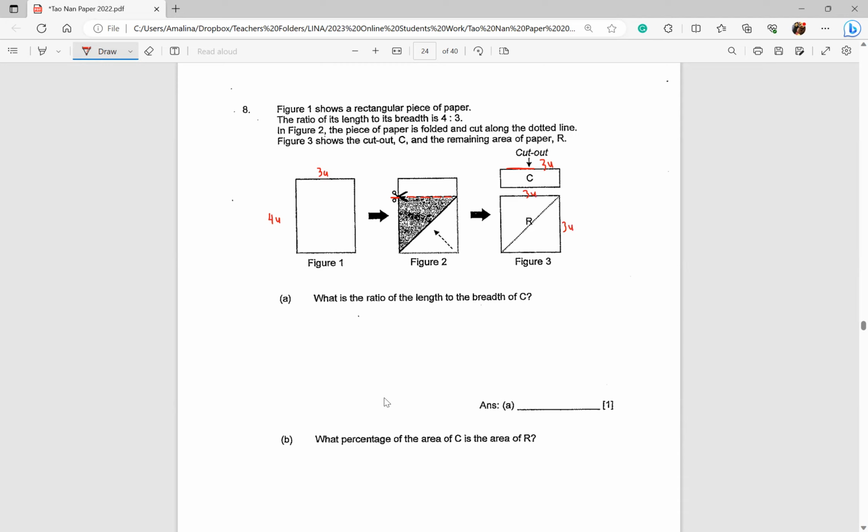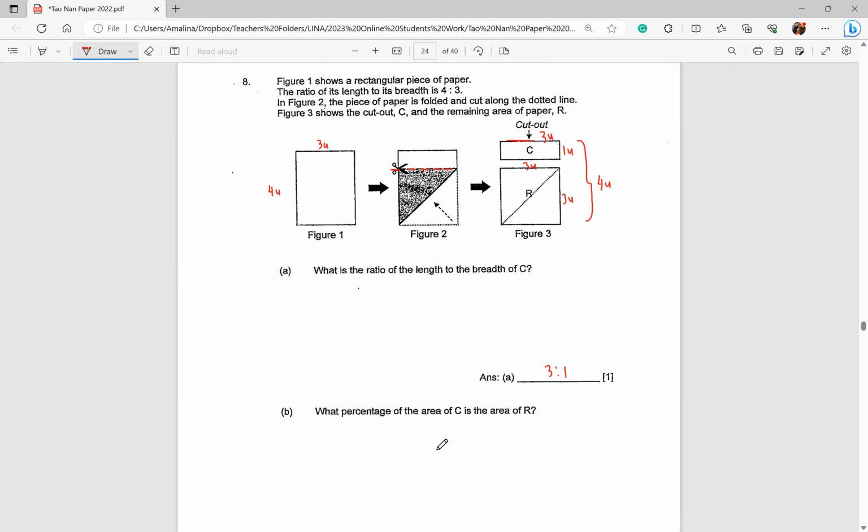So since my total length at first is 4 units, if I take 4 minus my 3 for the square, means the breadth of my rectangle C must be 1 unit. So the ratio for the length to the breadth of C is 3:1. 3 for the length and 1 for the breadth.